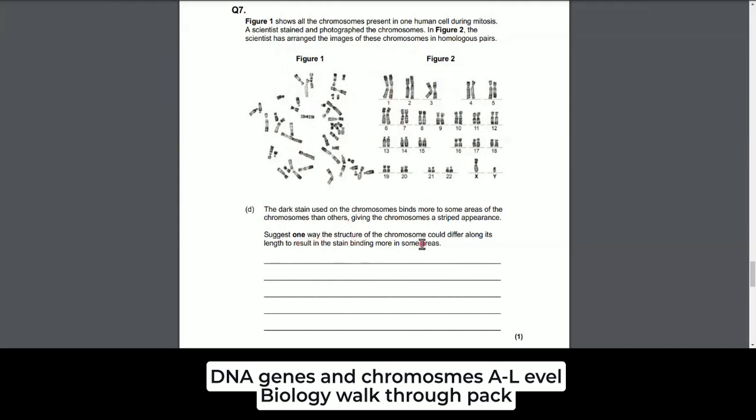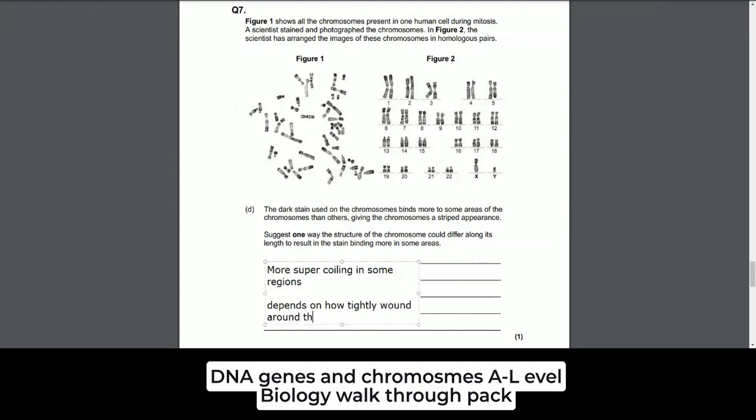Suggest one way the structure of the chromosome could differ along its length to result in the stain binding more in some areas. So why are some of the parts more heavily stained? We can just say you're going to get more bases there. It depends on the density of the bases in that region. So we could say more supercoiling in some regions. It depends on how tightly wound around the histone each part is.